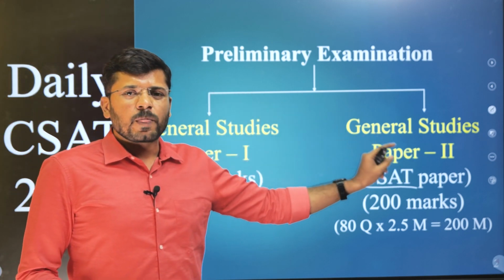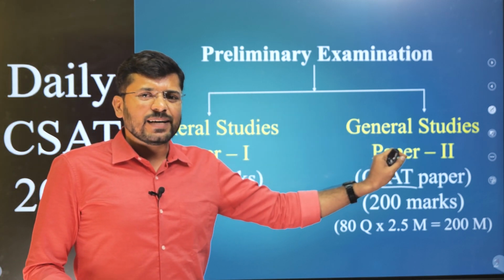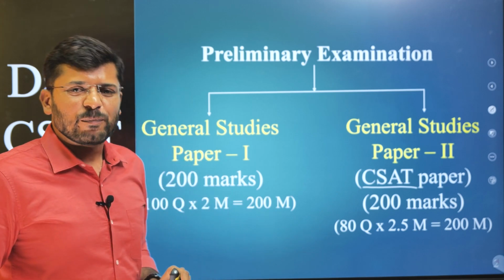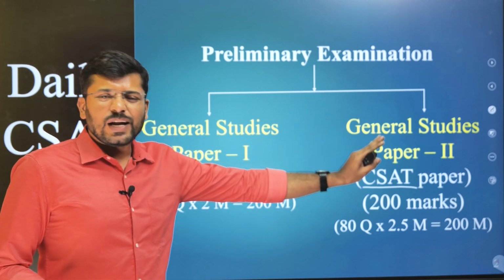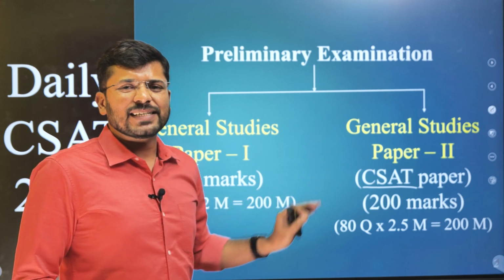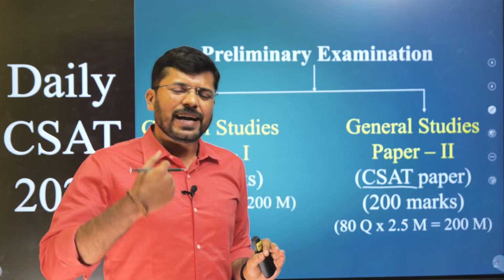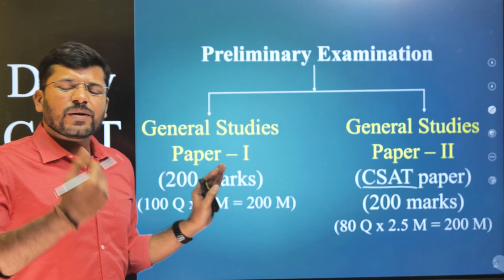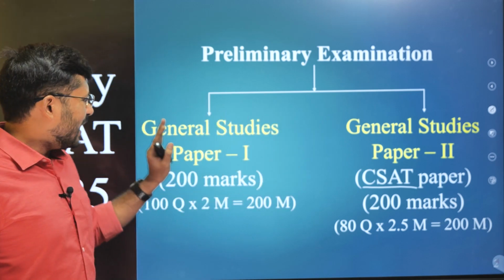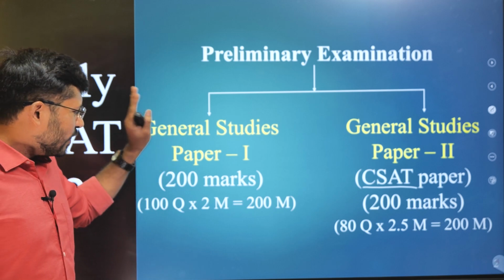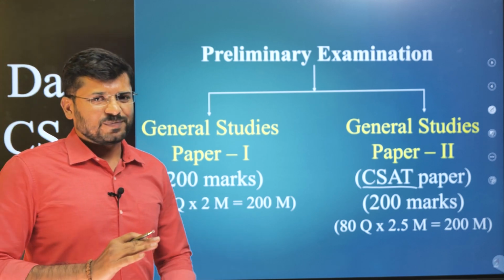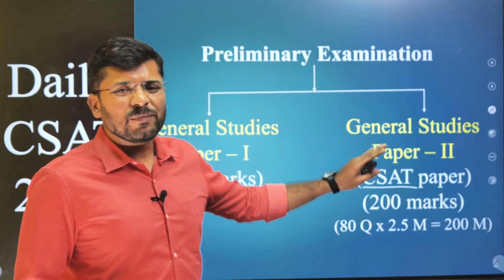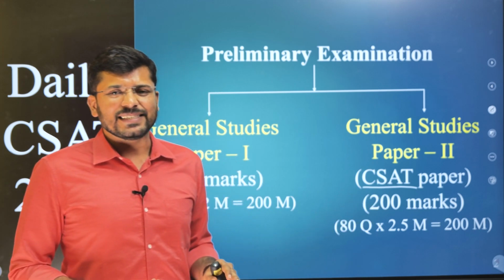Even if you scored 65.5 marks here, you will not advance to the mains level. So this is only qualifying in nature. You just need to score 66 marks, and anything above 66 is okay. However, whether you advance to the mains level will completely depend on the GS1 paper. Okay. So this is the weightage and importance of CSAT.